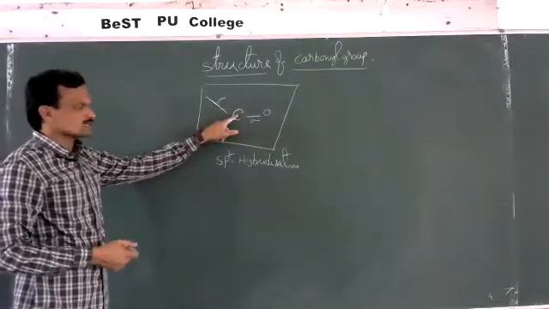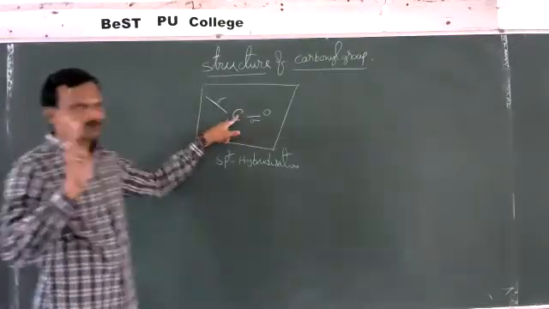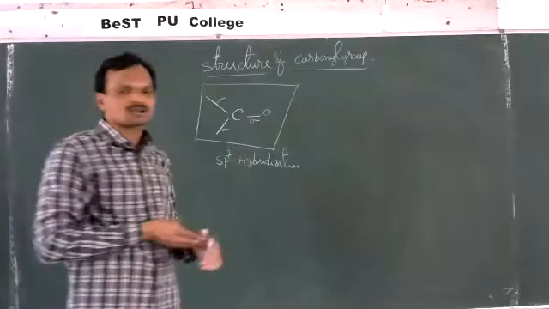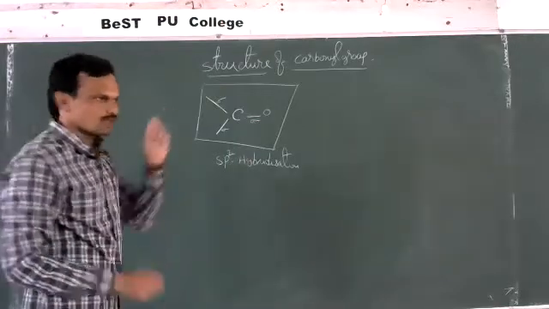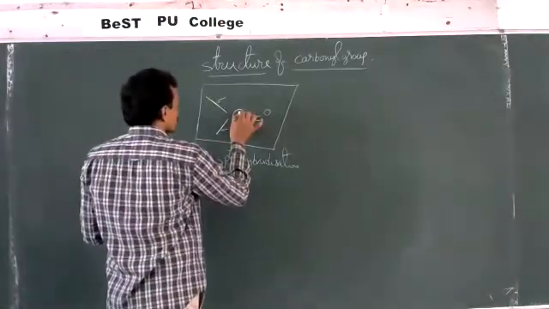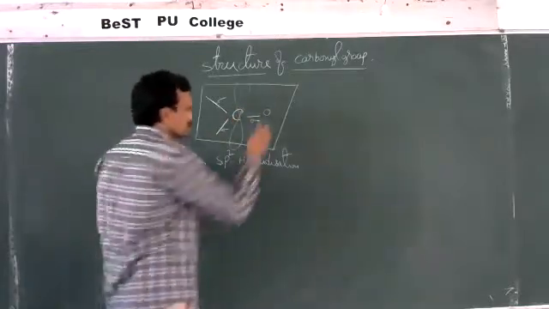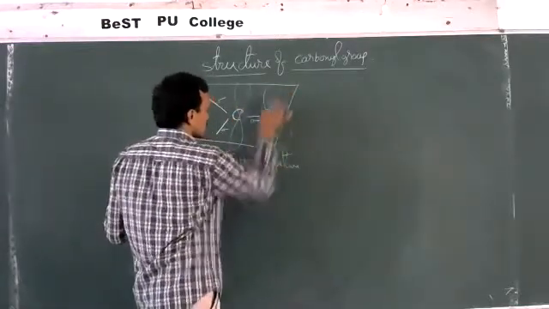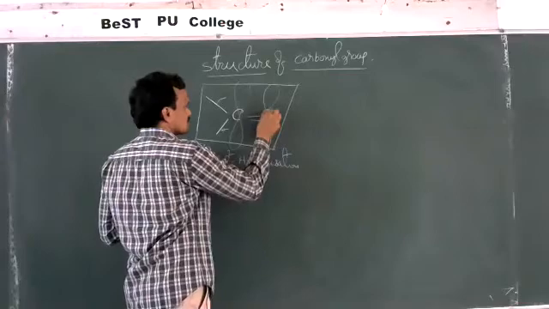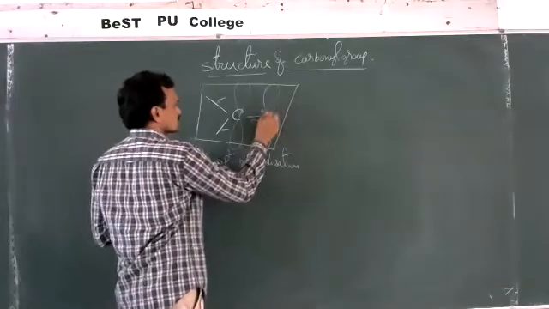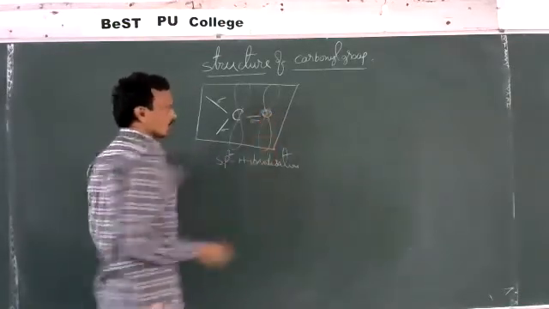A carbon consists of 4 valence electrons. Out of the 4 valence electrons, 3 undergo sp2 hybridization, and the 4th orbital remains unhybridized. The oxygen also contains 2 orbitals with unpaired electrons.